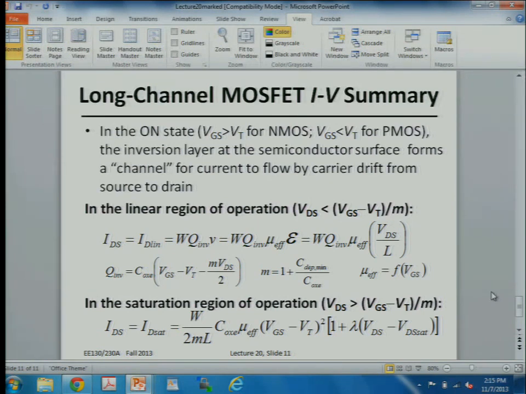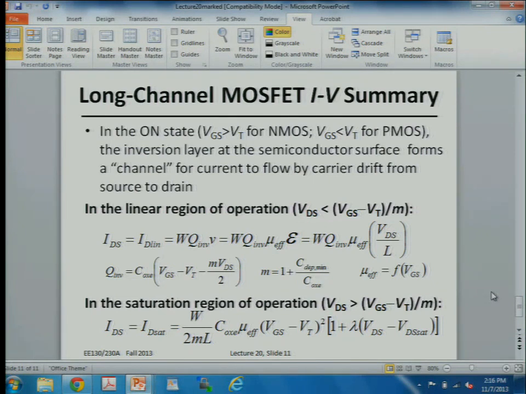The wider the channel, the more current you can conduct in the on state. And it's proportional to the amount of inversion layer charge that you have per unit area. And is proportional to the velocity, the average velocity with which carriers are drifting in the on state from the source to the drain. So this is W.